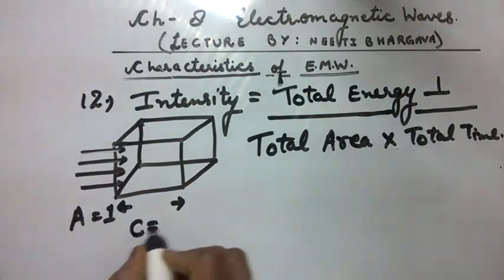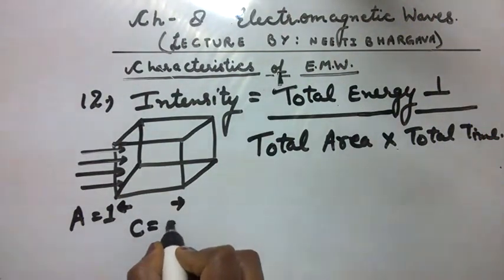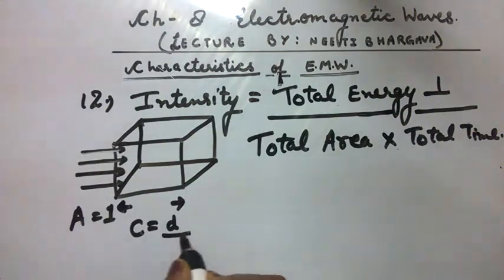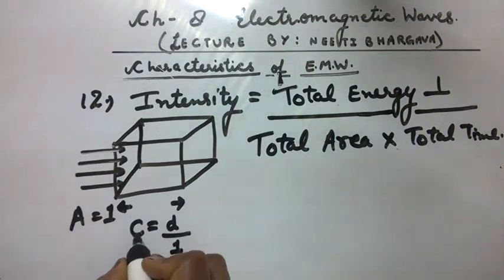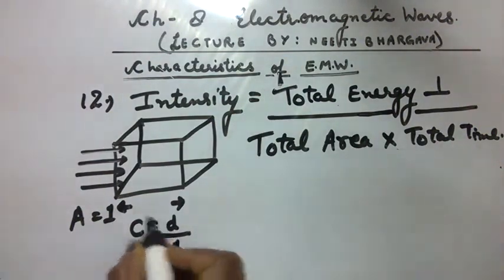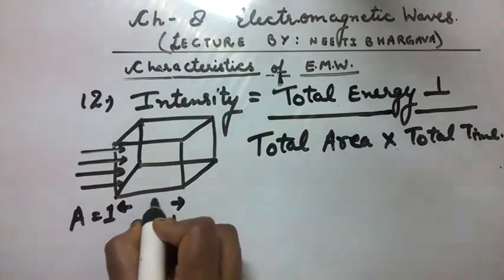Speed is equal to distance upon time. Time is unit, that is 1. Therefore, the speed of an electromagnetic wave is equal to the distance covered by the electromagnetic wave. So we can write c.